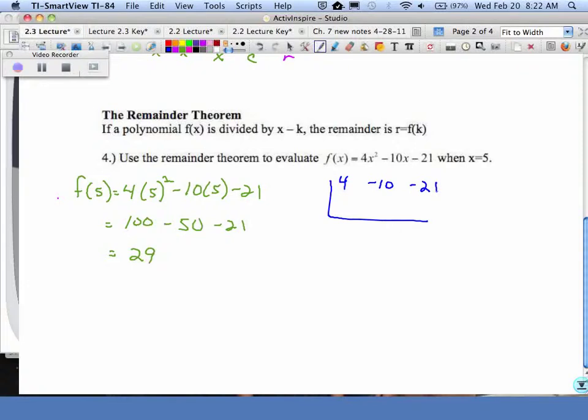If x is equal to 5 as the value, we're talking about is x minus 5 a factor? Because you bring the 5 back to the x, so you subtract it back. So you got to watch for that. So we're going to put the number 5 out here. 4, 20, 10, 50.